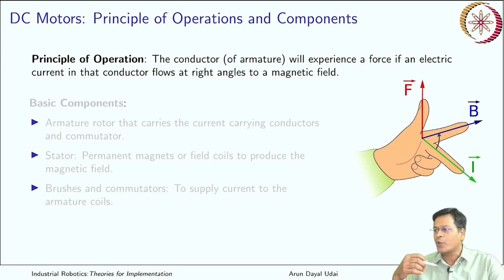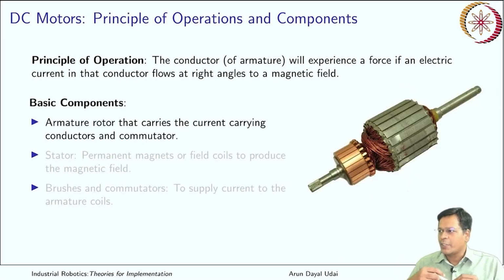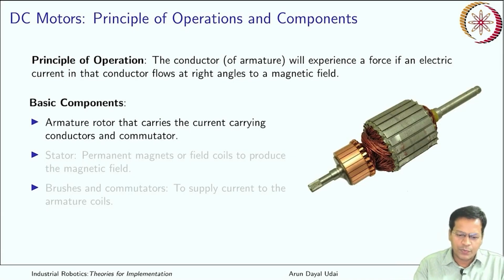Okay, so basic components that this motor includes is armature. Armature, you see, it has a good amount of conductors. These are all coils. Okay, these are conductors. Conductors are within these slots.